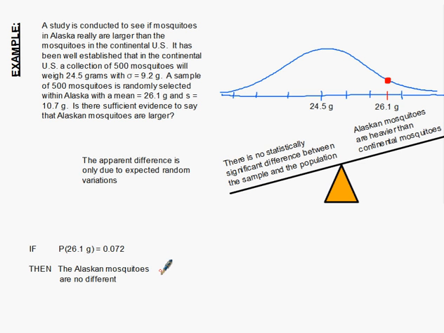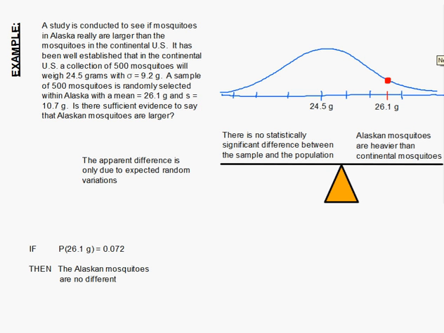If, on the other hand, we reset our balance, and if the probability of getting 26.1 grams is maybe 1.4%, well, that's certainly less than 5%, which is the significance level we were talking about.